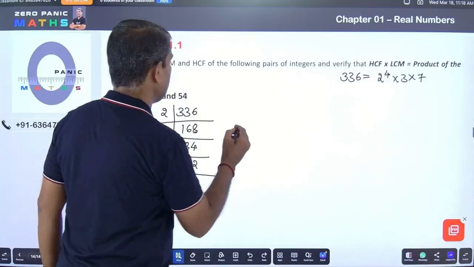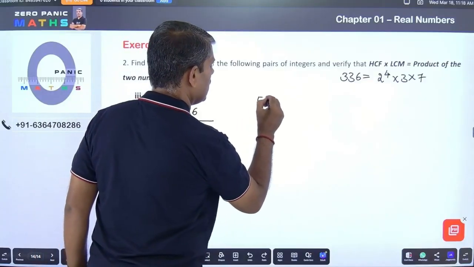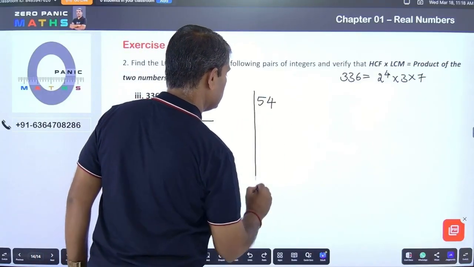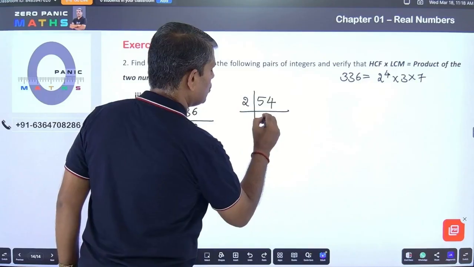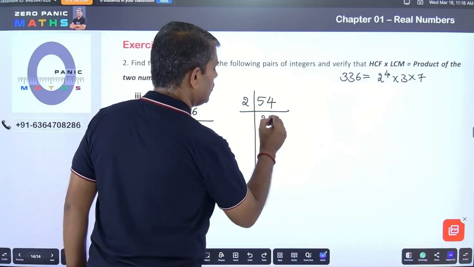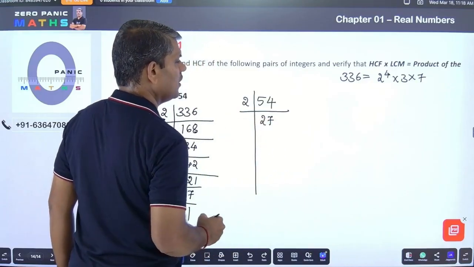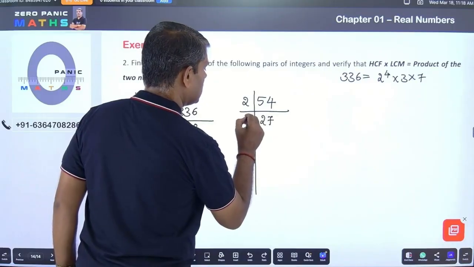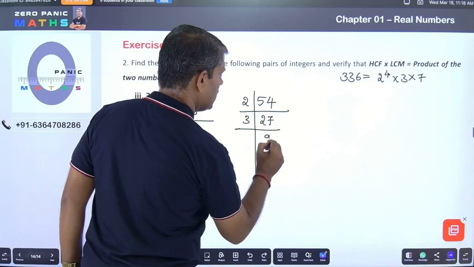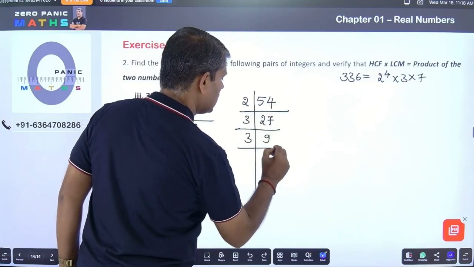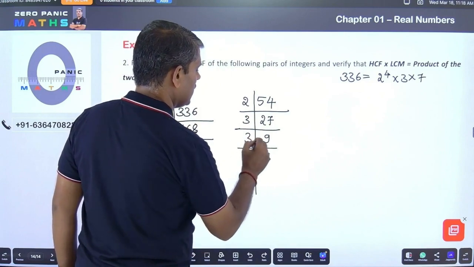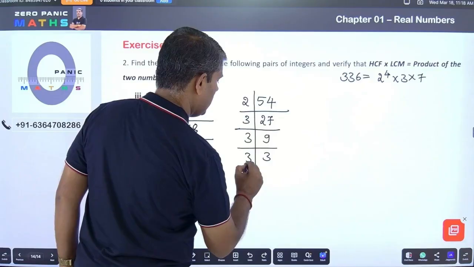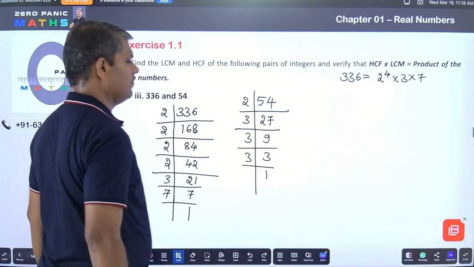Let us do the same for 54 as well. 54, start with 2, 2 2s are 4, 2 7s are. Start with 3, 3 9s are, again with 3, 3 3s are, and then finally with another 3.